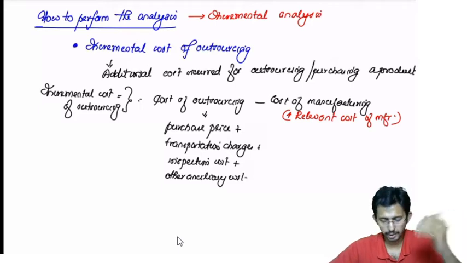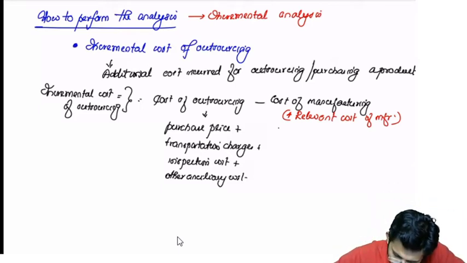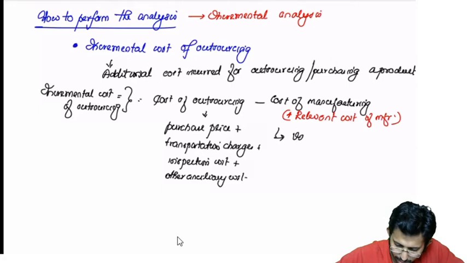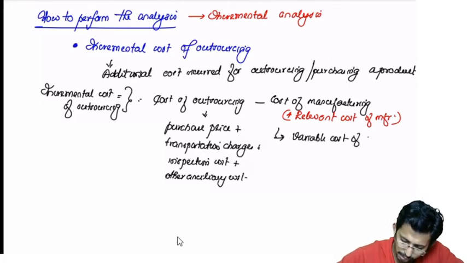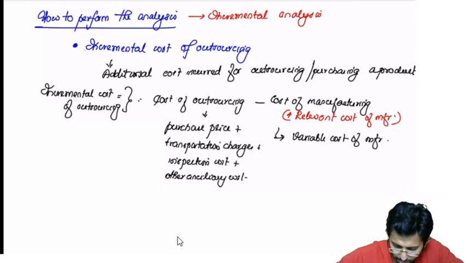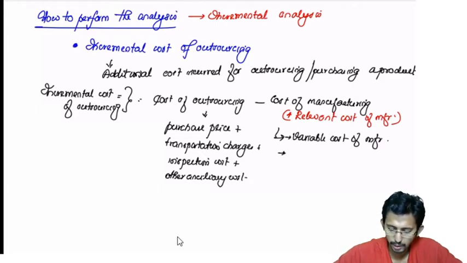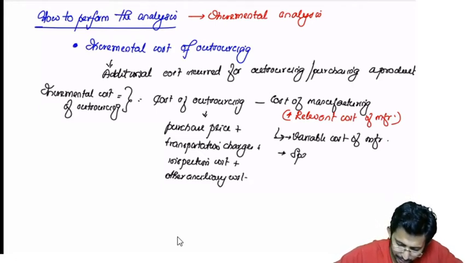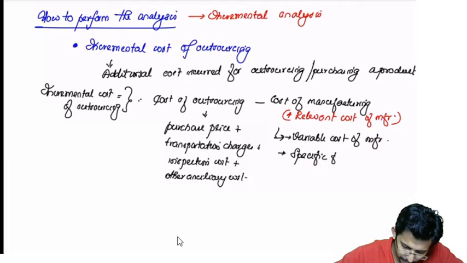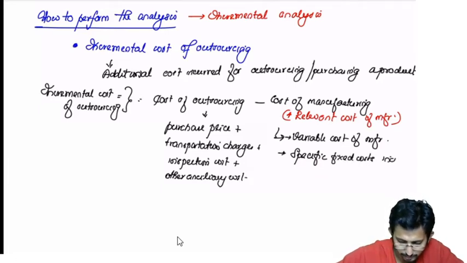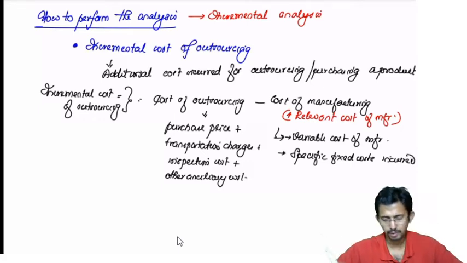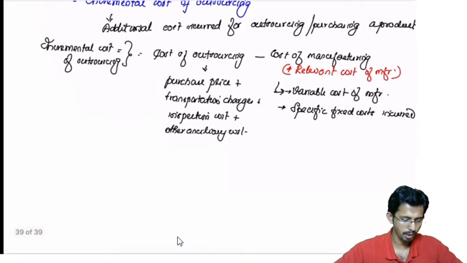Generally cost of manufacturing will be relevant cost of manufacturing, which will involve what all things? Variable cost of manufacture. Then the second one would be specific fixed cost incurred. So that is incremental cost of outsourcing.